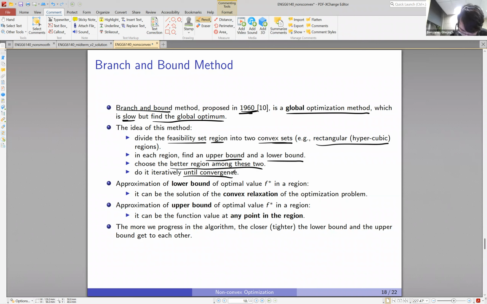Now, approximation of lower bound. So for approximation of lower bound, what do we do? Lower bound of f star in a region. It can be the solution of a convex relaxation of the optimization problem. Why?